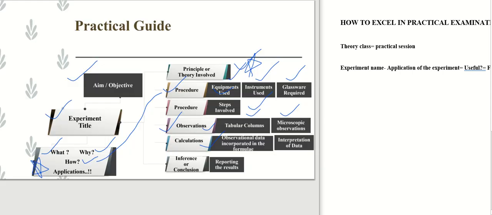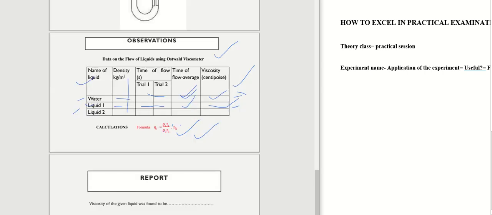So observational data is incorporated in the formula, and then comes interpretation of the data. We'll get to know, okay, the value of viscosity of the given sample is this. That data will be written down in the report.